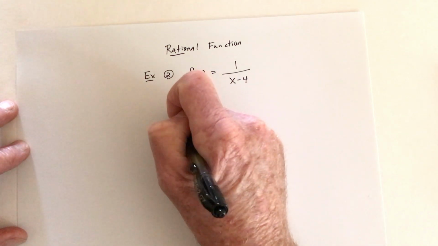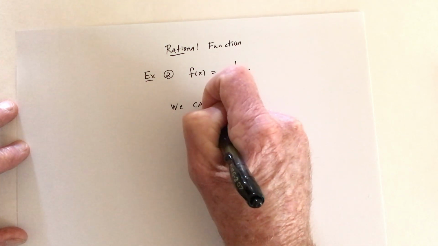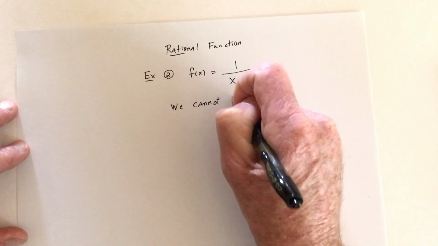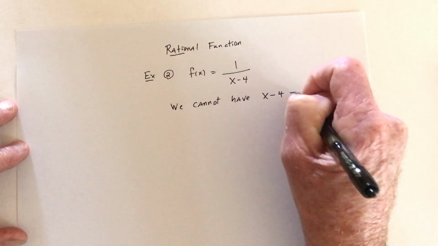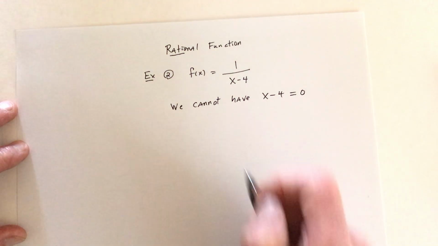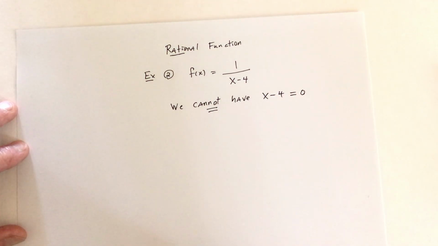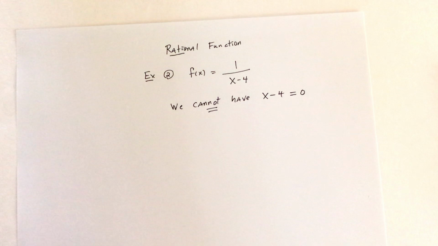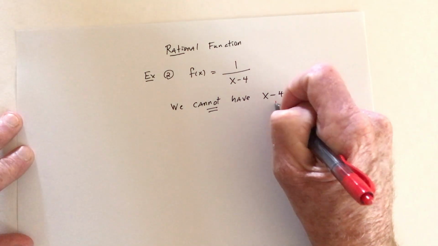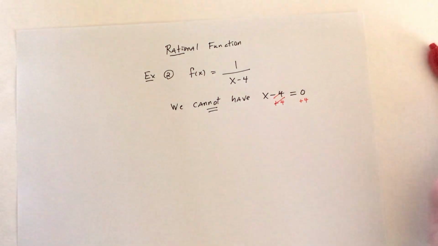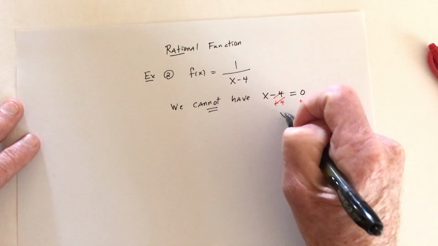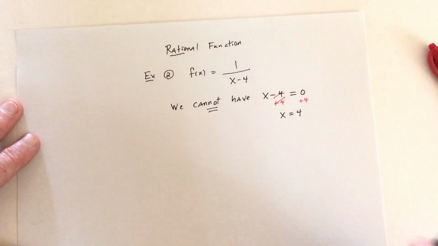So in other words, we cannot have the bottom equal to 0. Emphasis on not, because that's going to make it undefined. And then if you just add 4 to both sides, then you'll find out that we cannot have x equals 4.